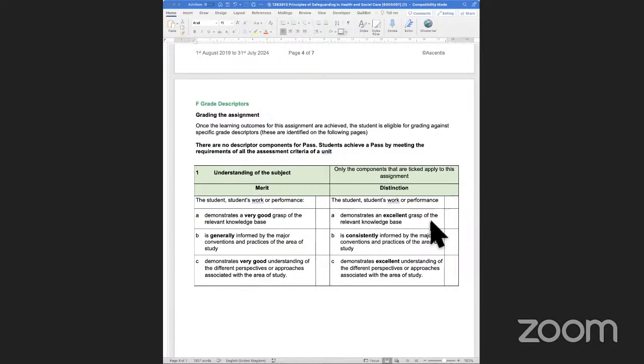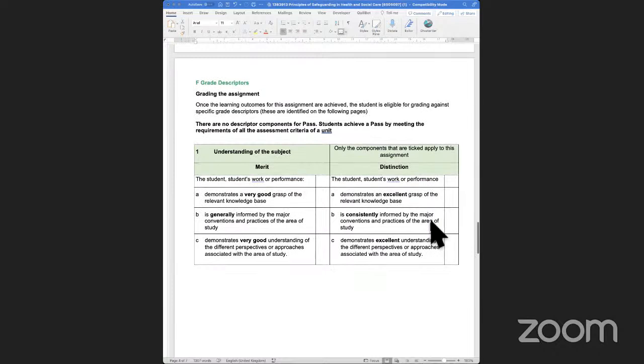Now, for distinction, obviously, there's a slight bit of differentiation, and it says excellent grasp. That means the work that you're evidencing, the work that you are producing, is based on examples or referencing of similar situations which would relate to the case study. So that is where your research would go in. Now, this case study is not something very unique. You would be able to do a bit of research by reading some articles and the reading material that are provided.